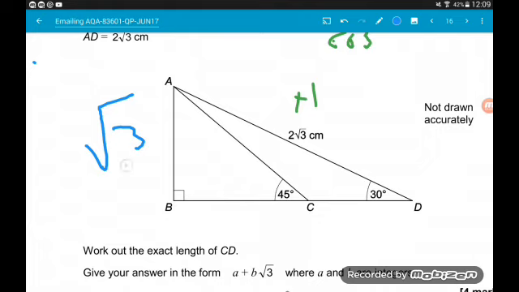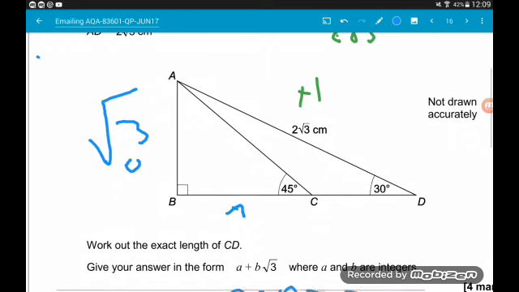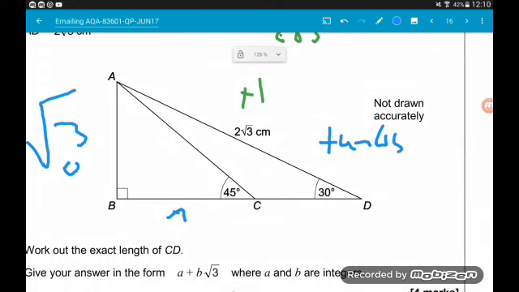So root 3 is the opposite, the base is the adjacent to that 45-degree angle. Now we're playing with tan, so it's TOA. TOA tells us tan of 45 is root 3 over the adjacent.